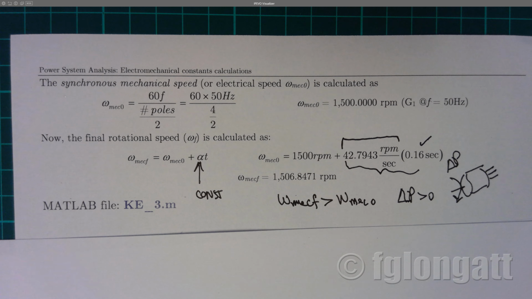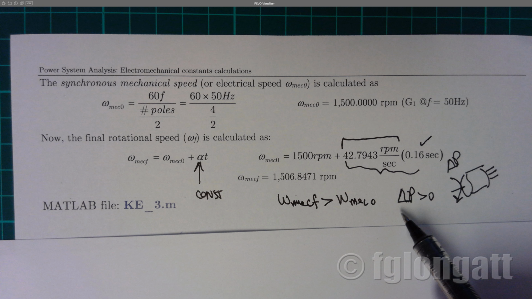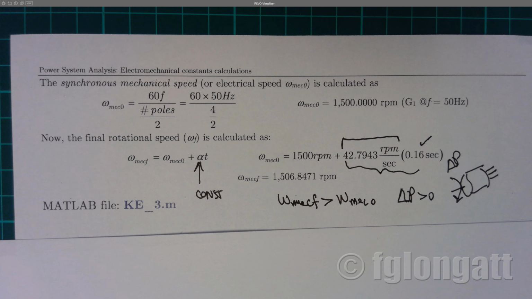I highly suggest that you take this problem and solve it again, but think in another way. Instead of increasing the mechanical power, think about what will happen if you reduce the mechanical power or you increase the electrical power.